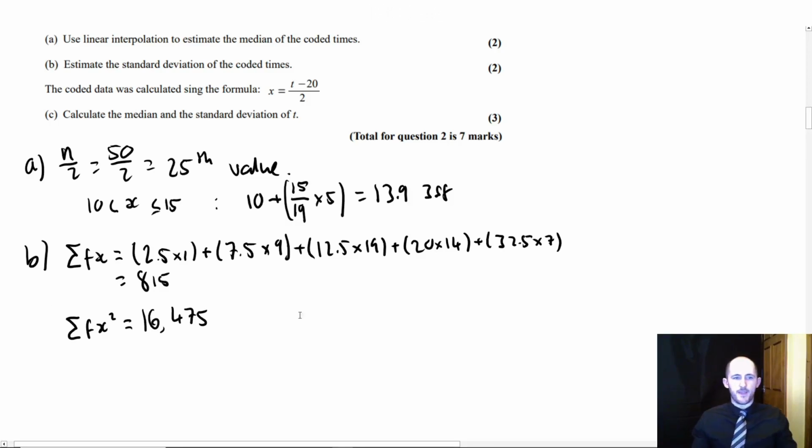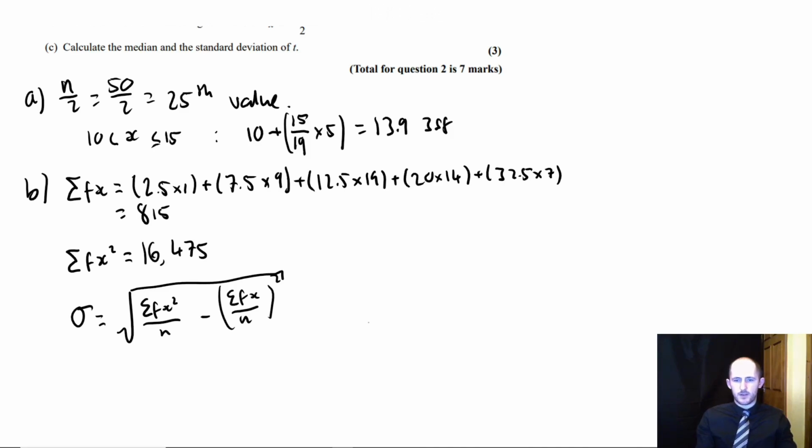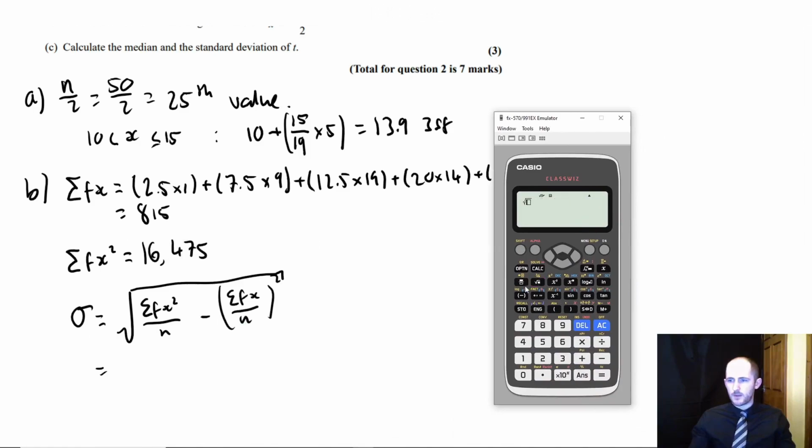Okay, and then again we've used the standard deviation formula, but I'll write it out one more time for you guys. So, the square root of the sum of f x squared over n, minus the sum of fx over n, squared. If we sub that in now, we get the square root.